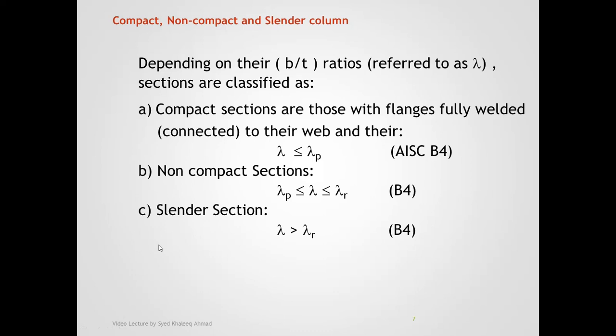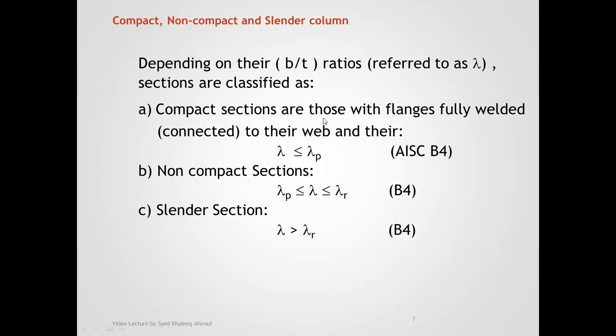Now we come to compact, non-compact and slender columns. As you have seen in the previous chapter of beam design, we defined compact section, non-compact and slender section. So here also we are defining them in terms of b/t ratio, which is referred to as lambda. So here also we have these three criteria.